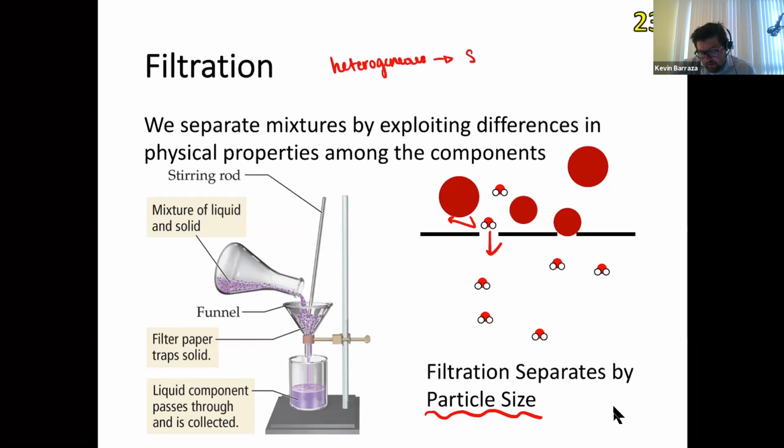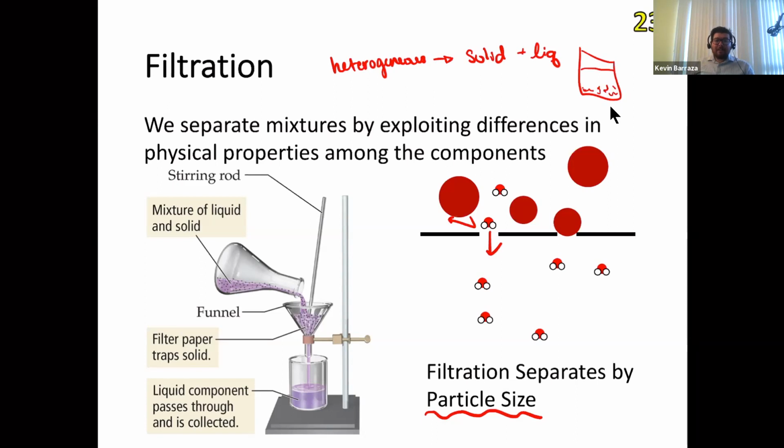Because if we have solid and liquid together in a beaker, so okay, that's supposed to be a beaker with water and something like sand or something chunky on the bottom.